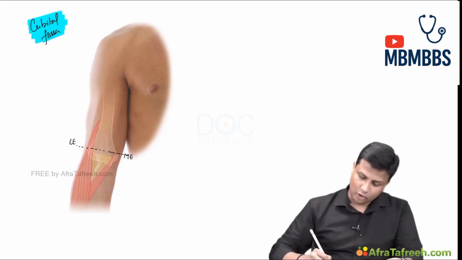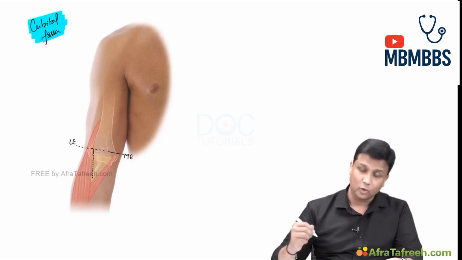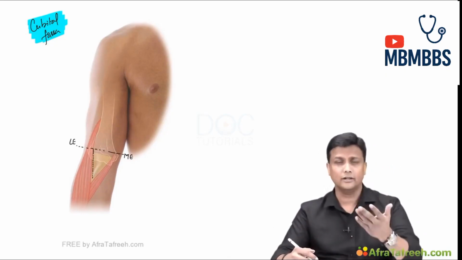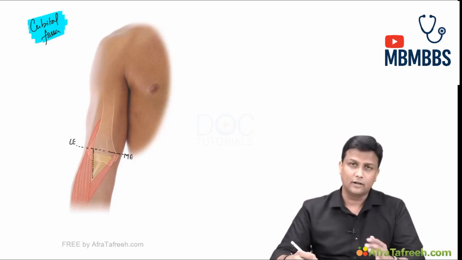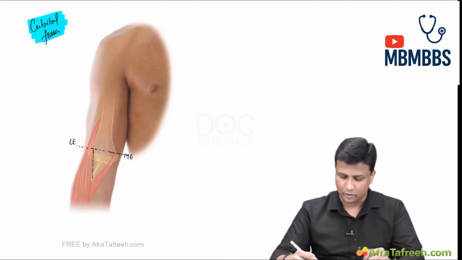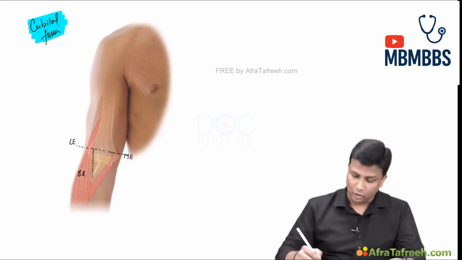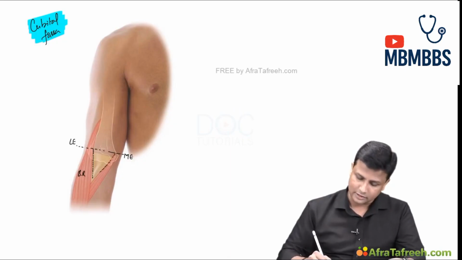cubital fossa. Then on the lateral side you are able to appreciate one muscle here. This one is the brachioradialis muscle. You can see the origin is much higher. It's not only from the lateral epicondyle, it is higher than the lateral epicondyle, the supracondylar part. On the lateral side will be this brachioradialis muscle, and on the medial side there will be a muscle, and this is the pronator teres muscle, guys.